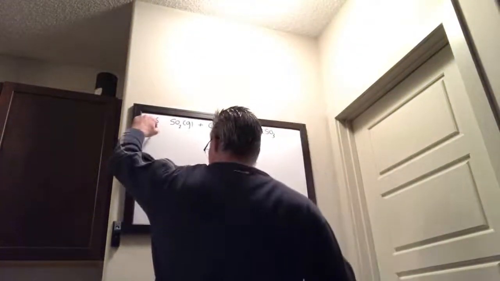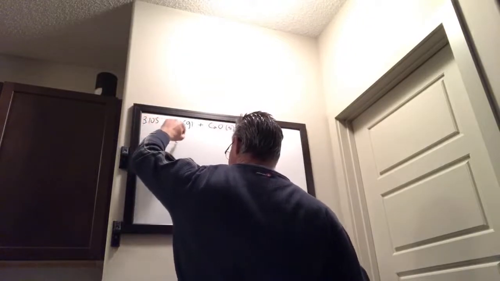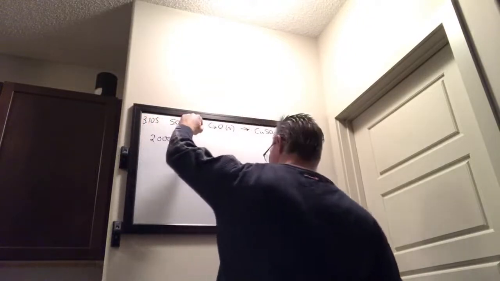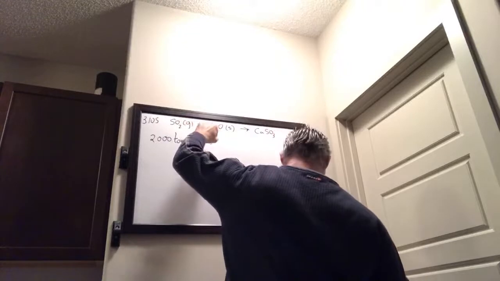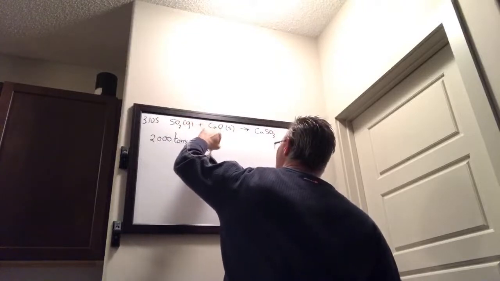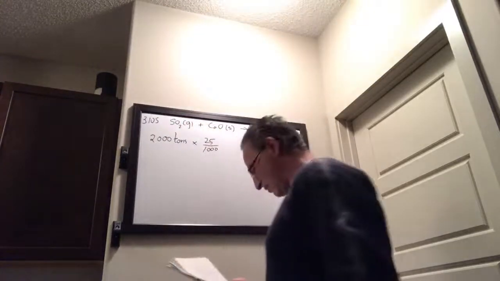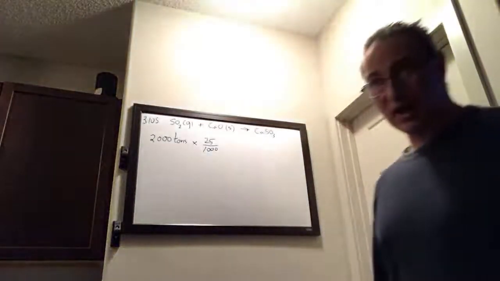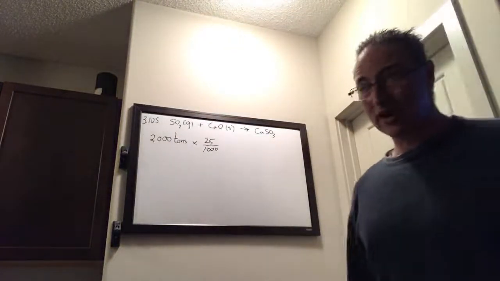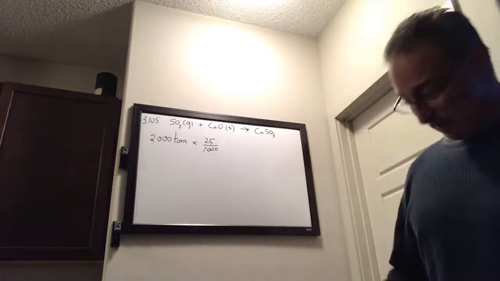So 2,000 metric tons times 25 1,000ths. Why am I multiplying by 25 1,000ths? Because 2.5% sulfur is 25 1,000ths. It's 2.5 over 100, or you could say 25 over 1,000.